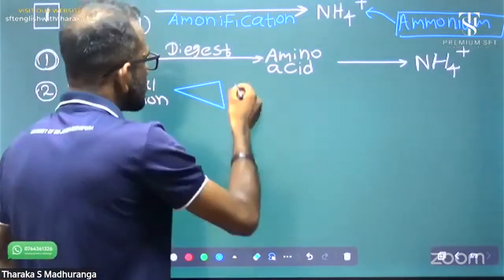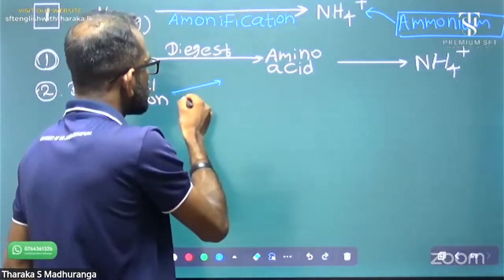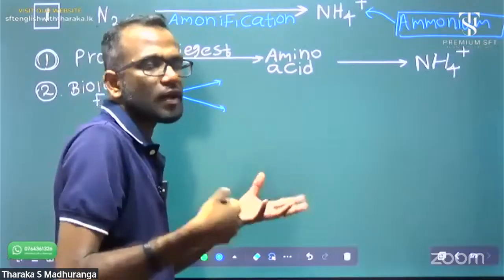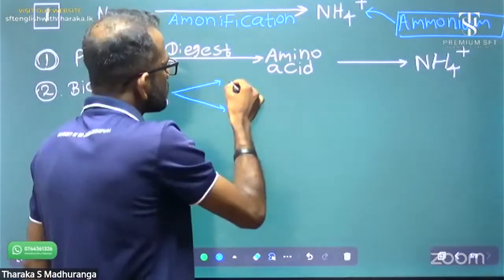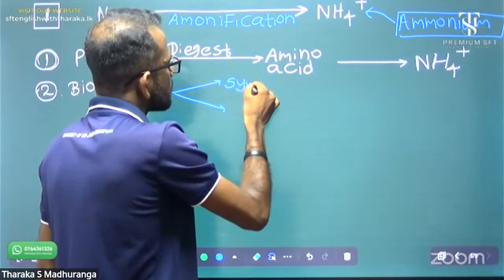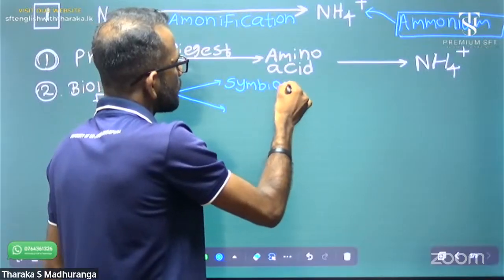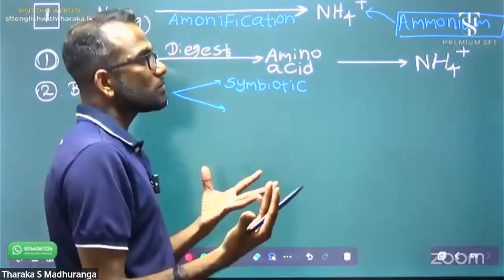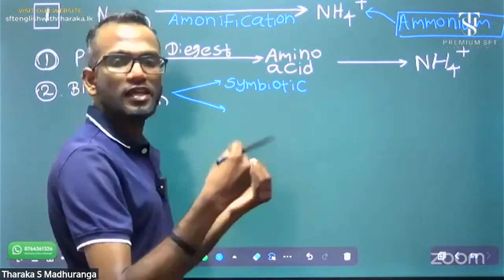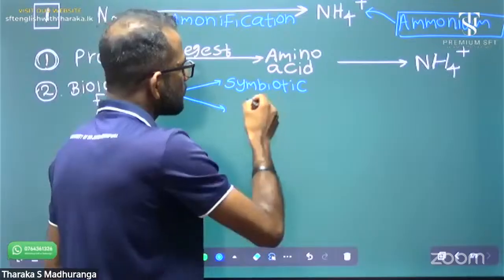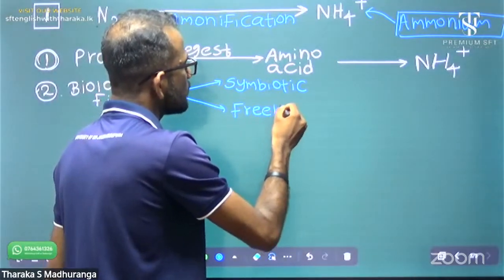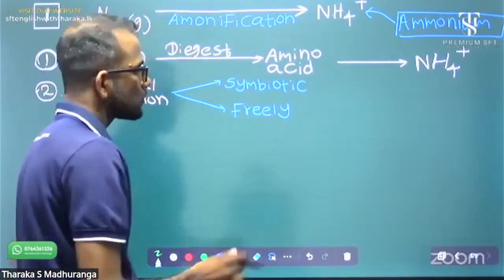They live together with the plant and fix nitrogen, helpful to the plant. That is the first one, symbiotic. And there are other microorganisms that are freely available in the soil and do the nitrogen fixation process.